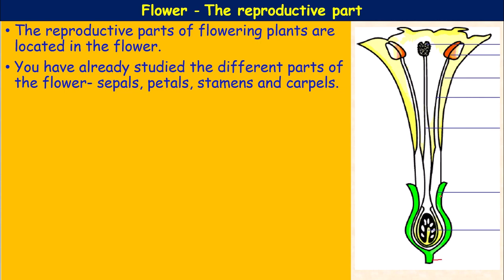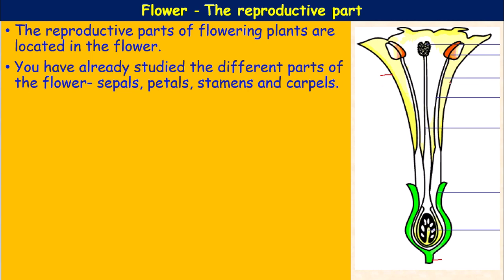It is the outermost whorl, that is called sepals, or it is also called calyx. And the second outermost whorl, that is called corolla. It includes petals.